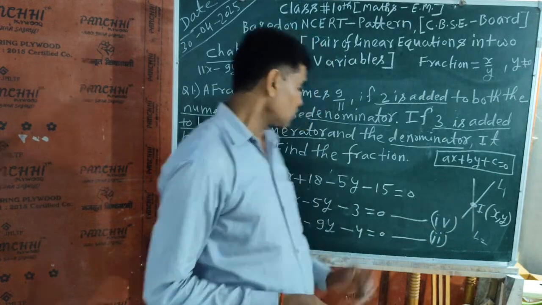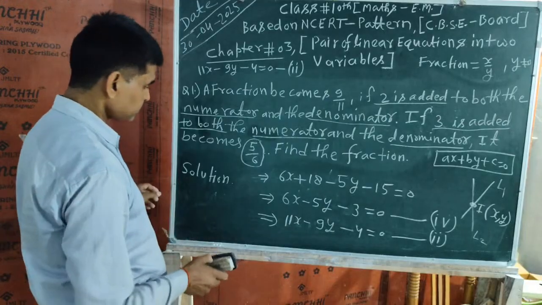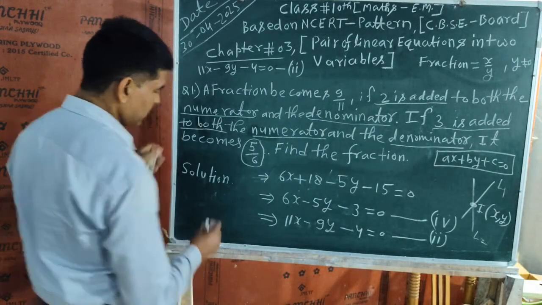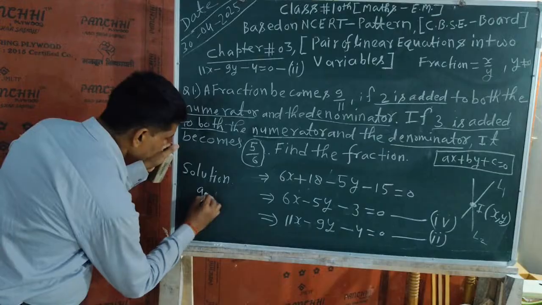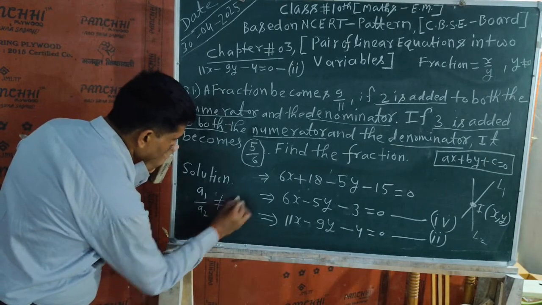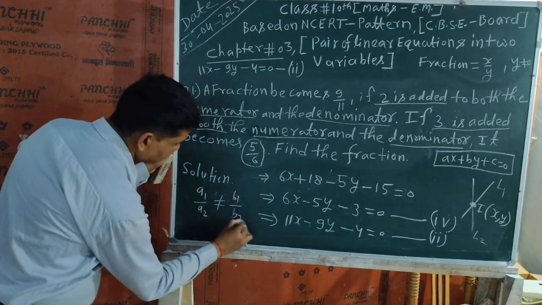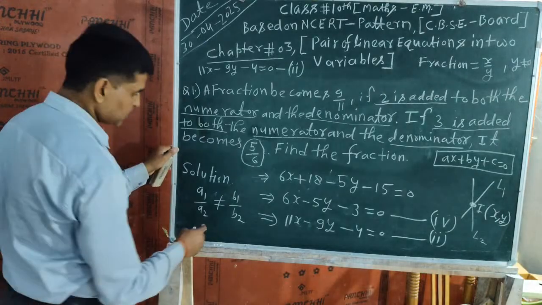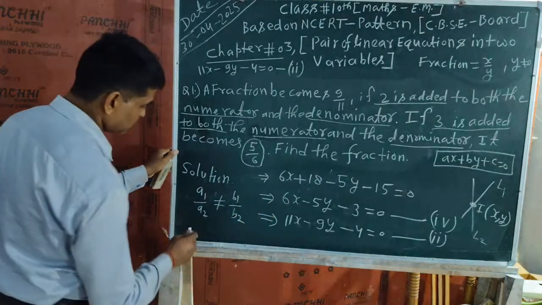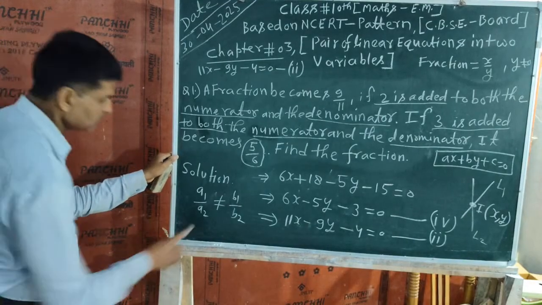Okay students, further I am going to check the condition. Here I will take the value of a1 divided by a2, and I will also find the value of b1 divided by b2. If this condition is satisfied, I will say there is a unique solution.